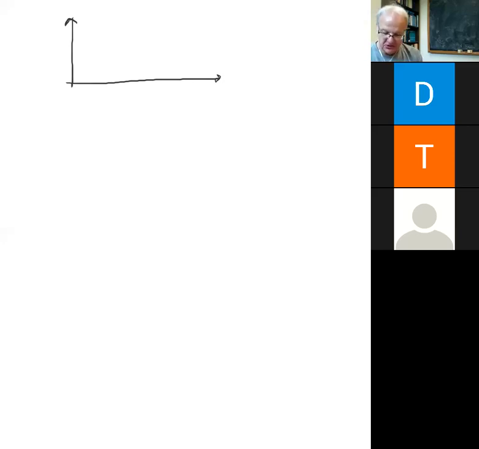So the one thing we have to be careful about is this function g of epsilon, which counts how many states there are in some interval epsilon. In our approximation, we treated that as a perfectly continuous function, proportional to the square root of epsilon.